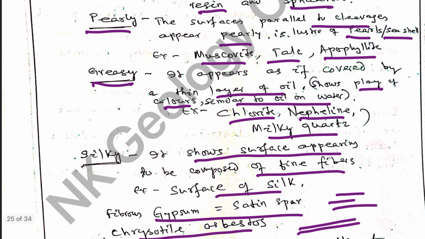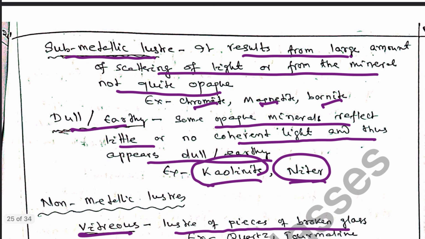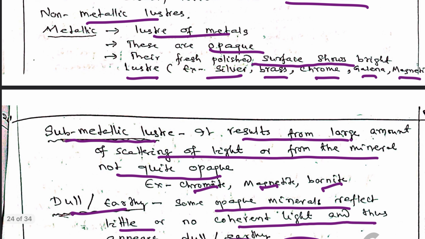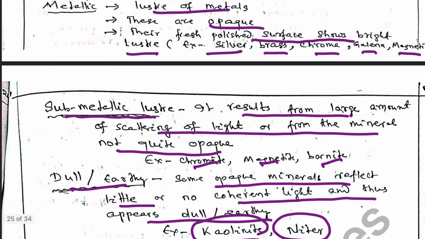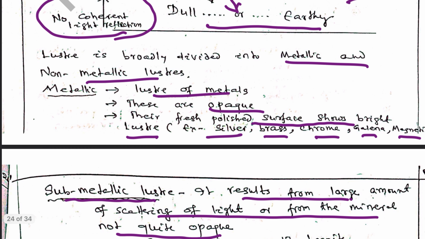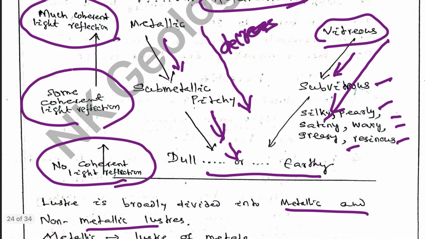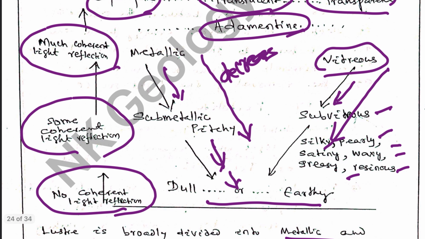These are non-metallic lusters. In metallic luster, we will find the luster of metals: metallic, submetallic, dull in case of earthy minerals, clay minerals. And much coherent light reflection takes place in case of metal lusters or in case of adamantine, in case of minerals which are highly brilliant showing adamantine luster.